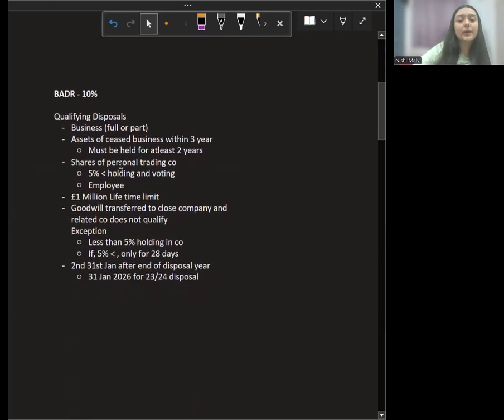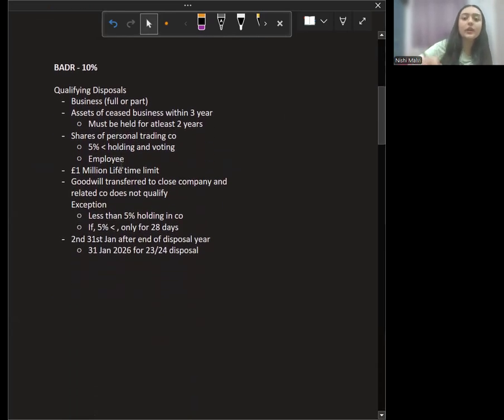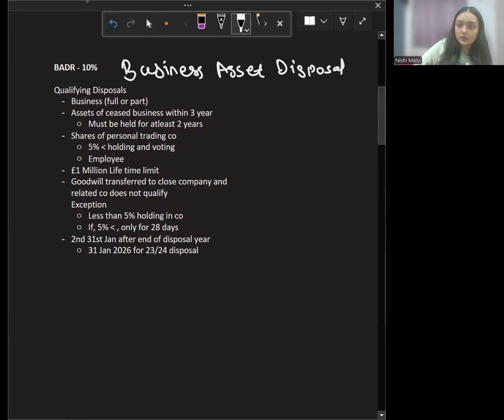Now let's start with business asset disposal relief. One thing is very clear: this relief reduces your tax rate to 10%. Suppose a person is a higher rate taxpayer and has disposed of some qualifying assets.